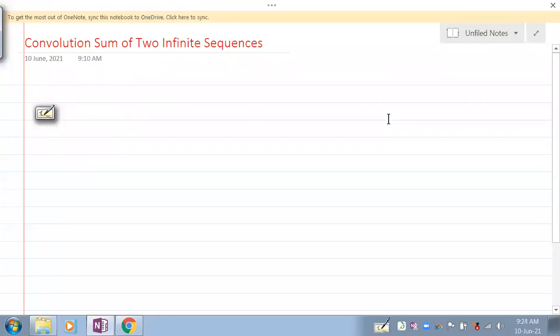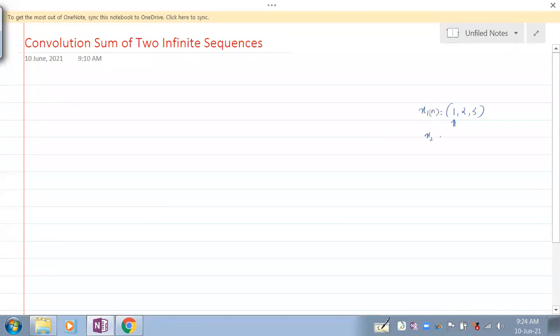Let's go with the convolution sum of the two infinite sequences. What are finite sequences? We have seen finite sequences in the previous session. This is one sequence which we called x1 of n.